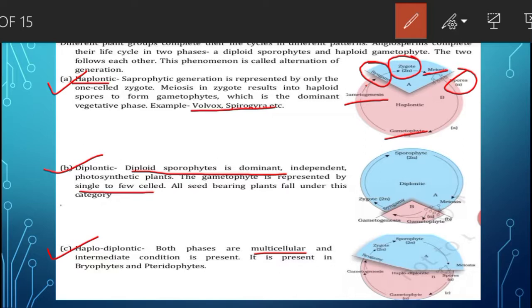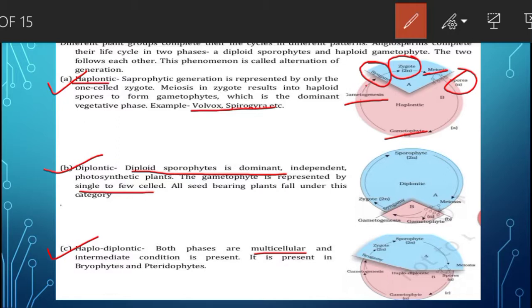And this life cycle is called the haplodiplontic life cycle. All pteridophytes demonstrate this pattern. However, most algal genera are haplontic. Some of them, such as Ectocarpus, Polysiphonia and kelps, are haplodiplontic.